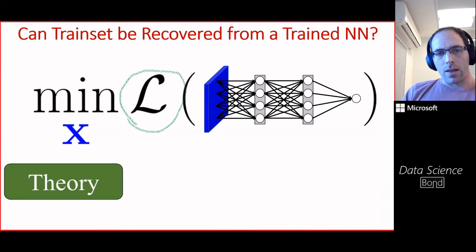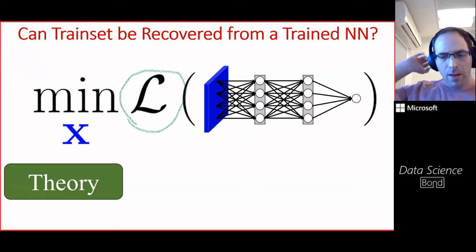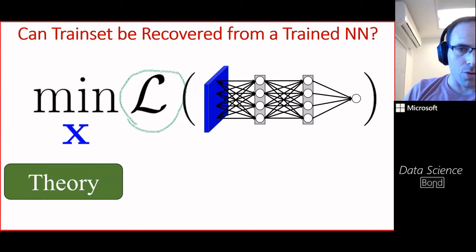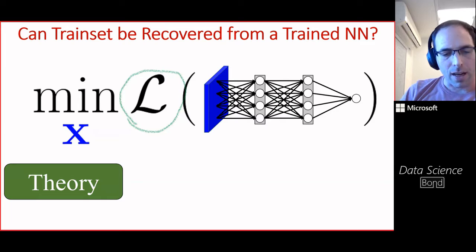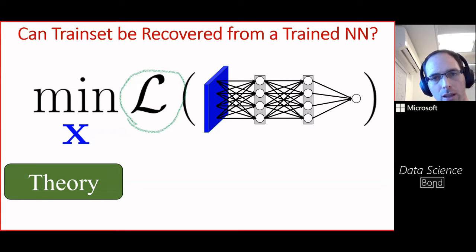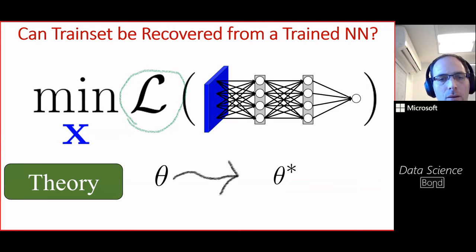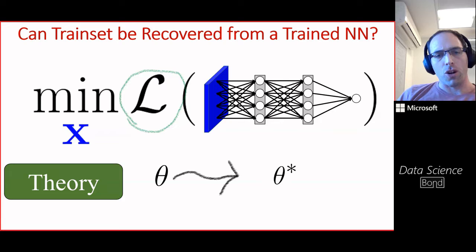Now, the nice thing about our work is that this loss, which I'm going to tell you about later, is motivated, or actually derived, from a deep theoretical understanding of what happens to the parameters of the model when you train them with gradient descent. In general, what these theoretical results say is, when you train your parameters, you start from some theta, you train your model, you change the parameters in order to minimize the classification loss, and you do it with gradient descent.